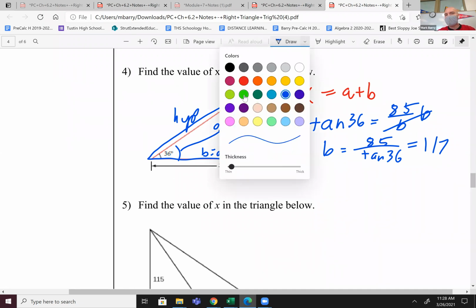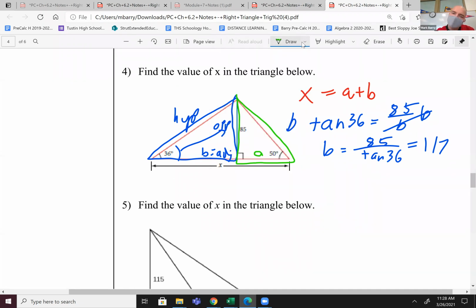All right, so now finding A is going to be very similar. We see we have 50 degrees, and if we go across there, our opposite side is again 85, and our adjacent side is again the one we want to know. So I'm going to use another tangent here: tan 50 equals 85 over A this time.